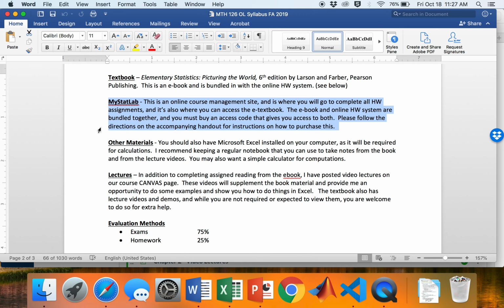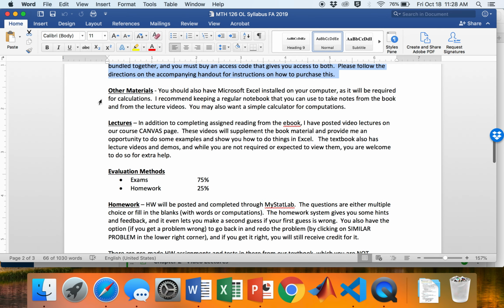You click on the assignment, and in this case, since it's a math course, the problems pop up, and you complete them and enter your answers and all that good stuff. The ebook and the MyStatLab homework portion are bundled together, so when you purchase this, you'll be purchasing them together, and I'll show you how to do that in a few minutes.